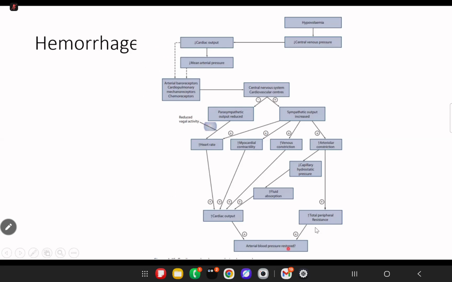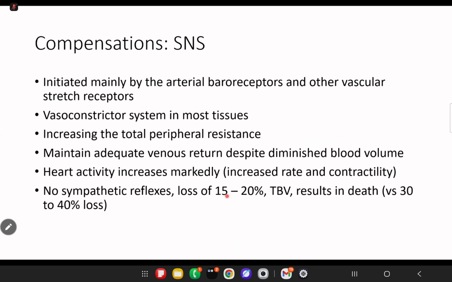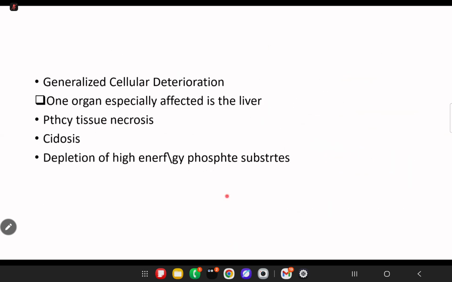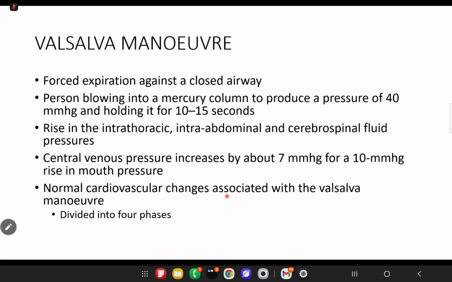So we have gone through, I think, virtually everything there is in hemorrhage control. Okay, that is also done. Any questions?